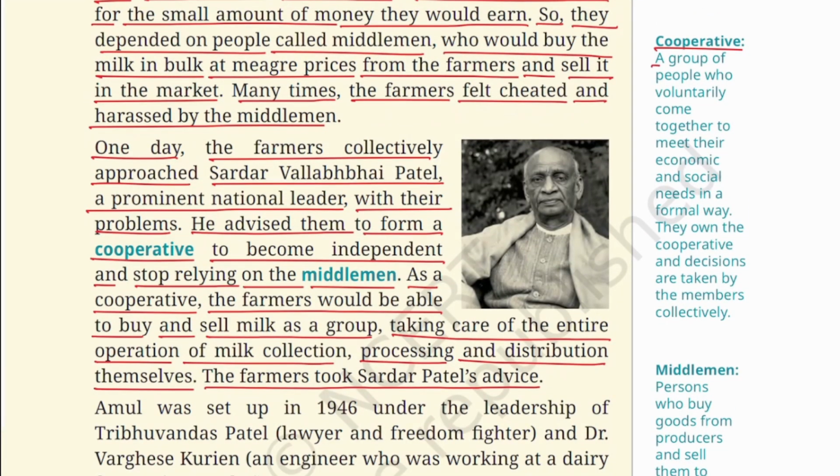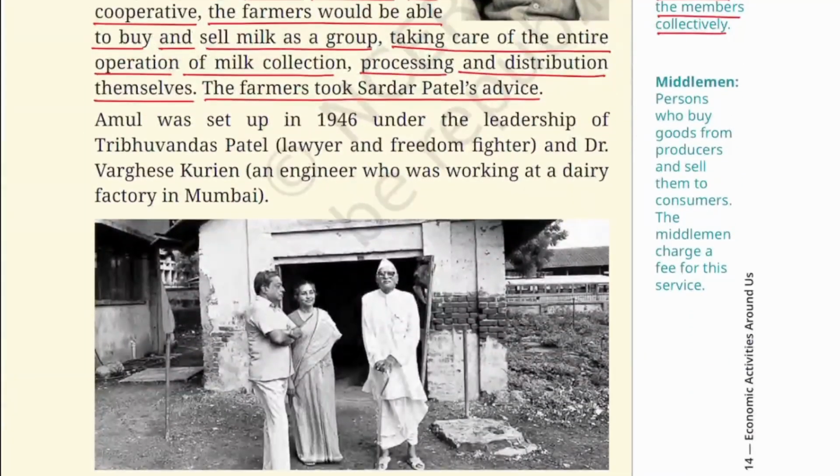Cooperative, a group of people who voluntarily come together to meet their economic and social needs in a formal way. They own the cooperative and decisions are taken by the members collectively. Middleman, persons who buy goods from producers and sell them to consumers.